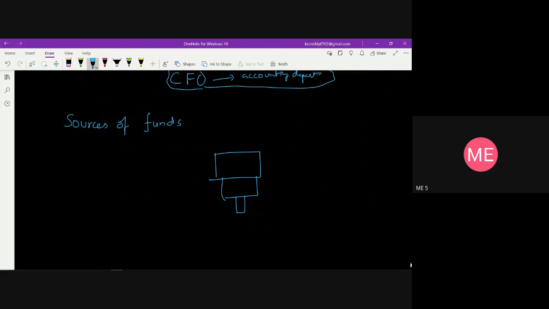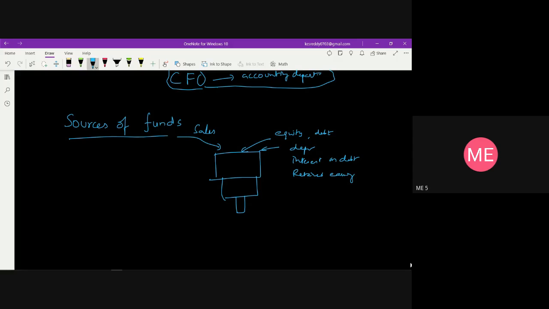Through sales we can get funds, and also from equities and debts, as well as the depreciation amount, interest on debts, and retained earnings. All these are sources of funds for any particular organization.